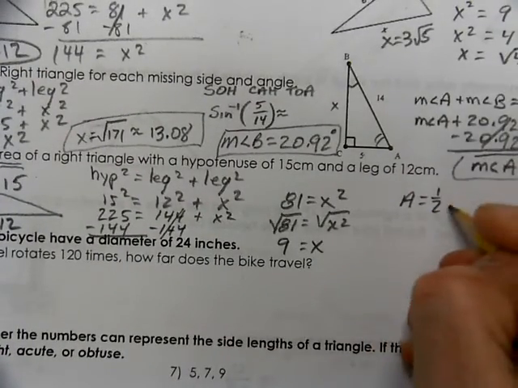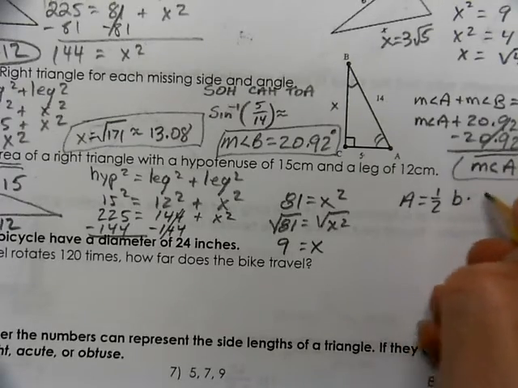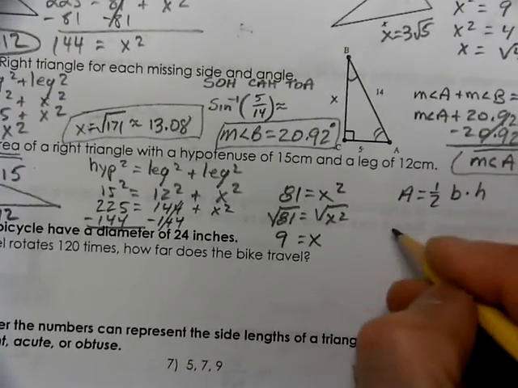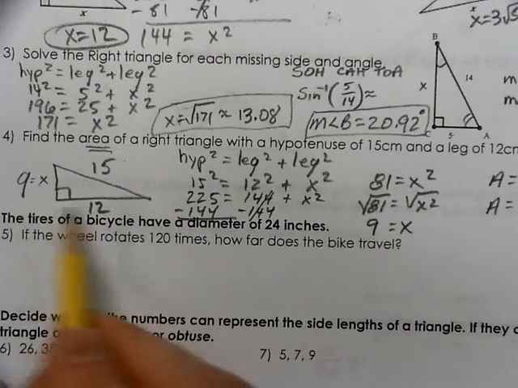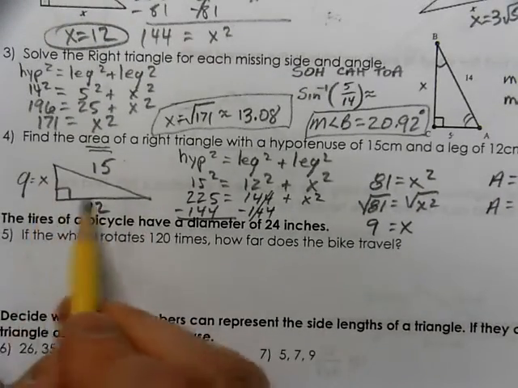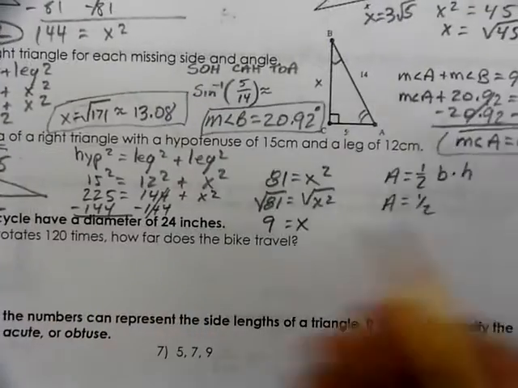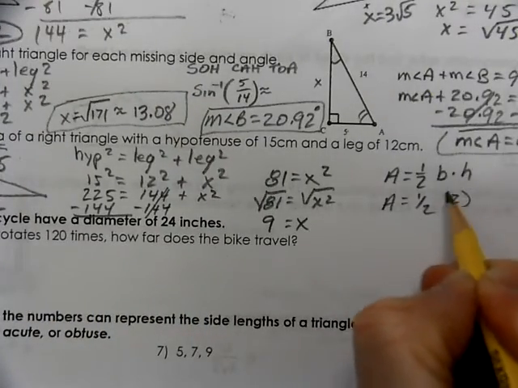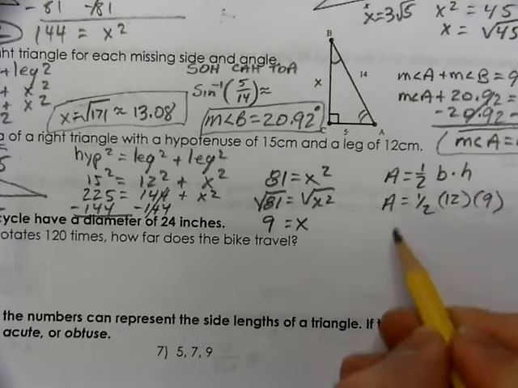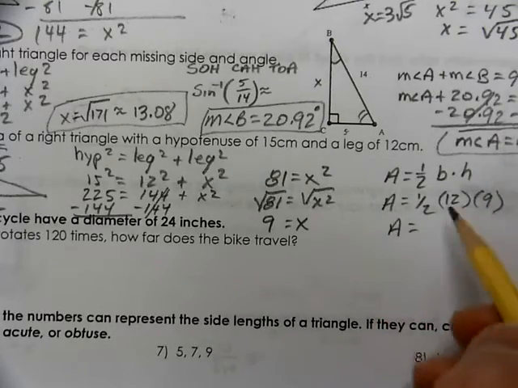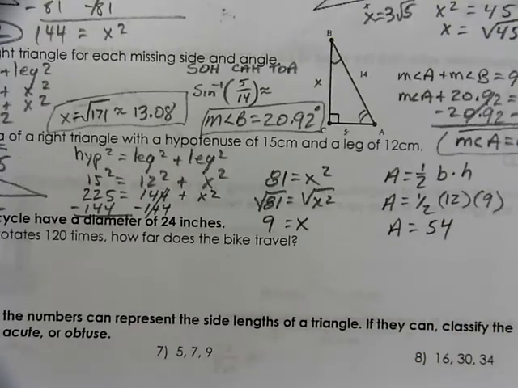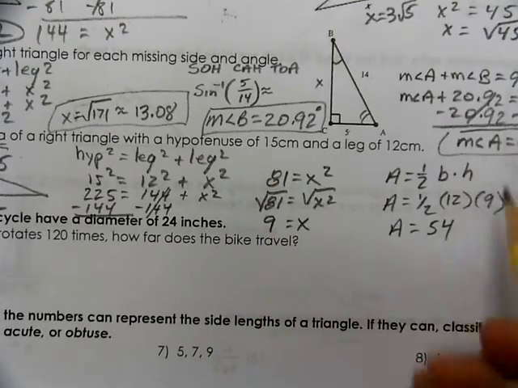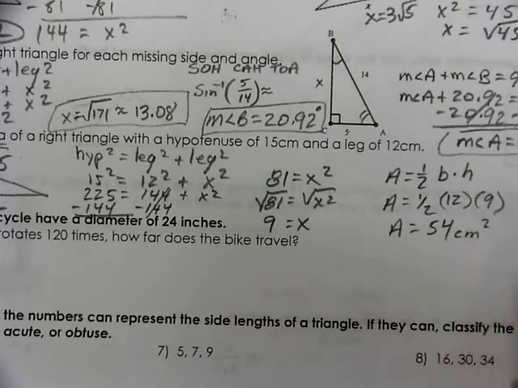That is half the base times the height. Our base would be 12 and the height has to be perpendicular to that, so it's 9. So we have our area. These are centimeters squared.